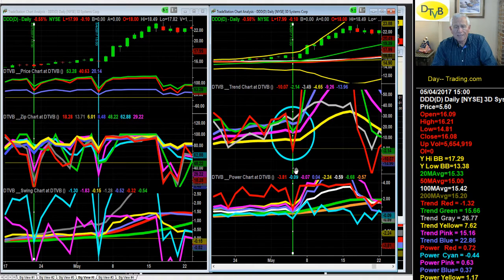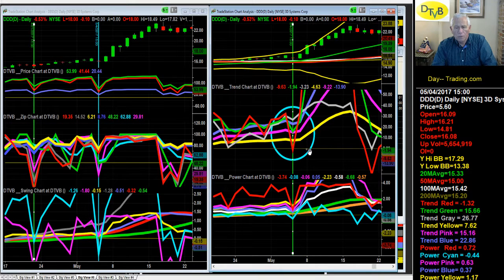In this particular case, we also have a real strong uptrend that looks like it's 7-8 days long. The vertical green line day, I've got it identified with the circle.